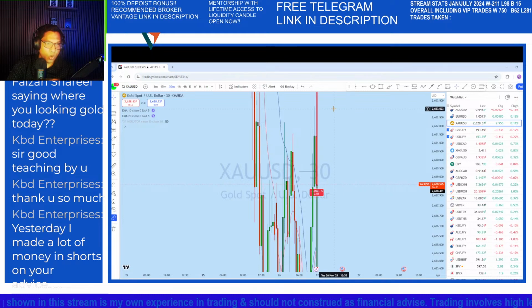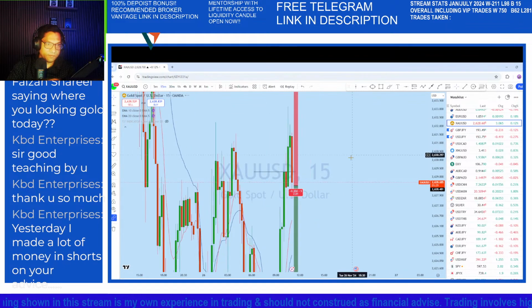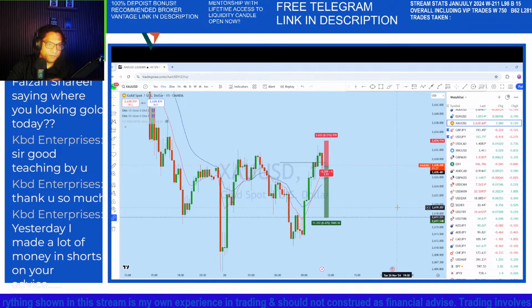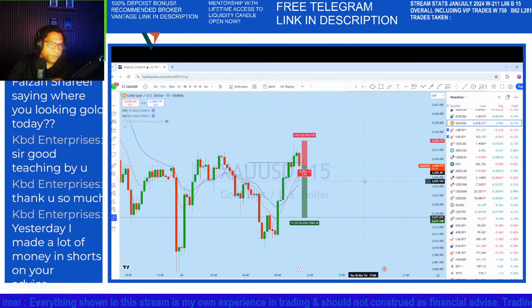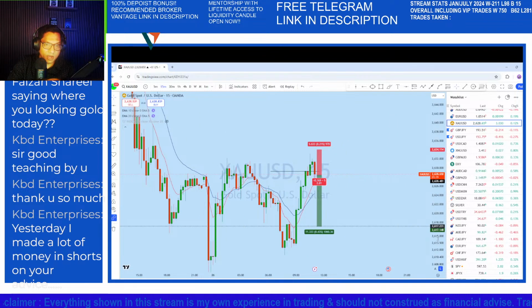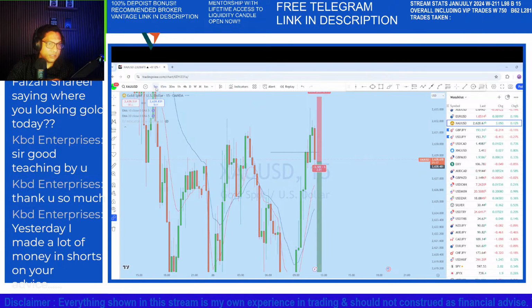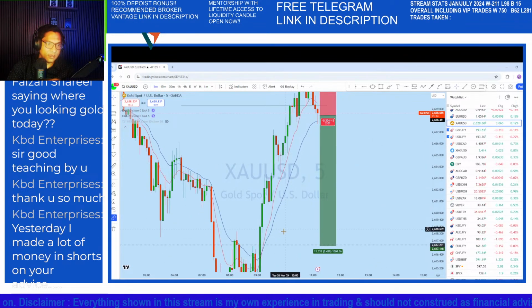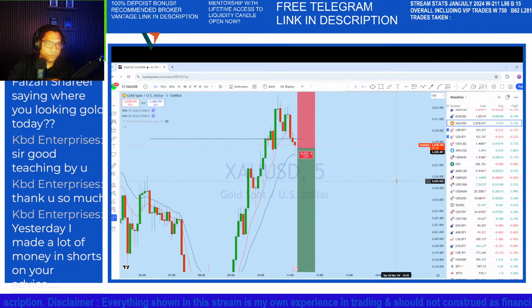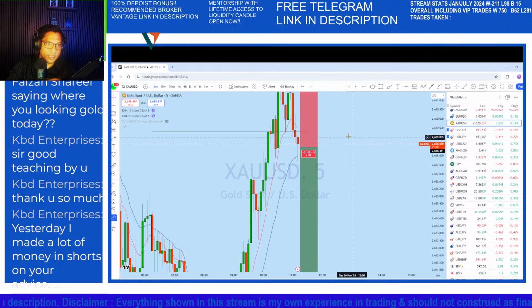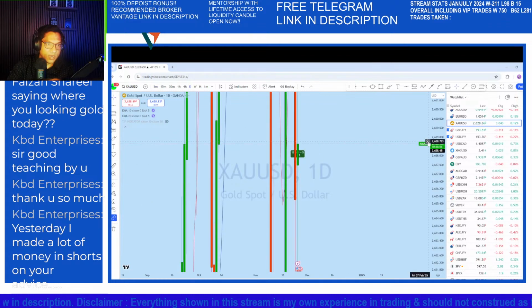The stop loss is well above. If you closely look at the market structure, there is a bullish move, but after this move it didn't test this order block properly, and I think we may see another retest.